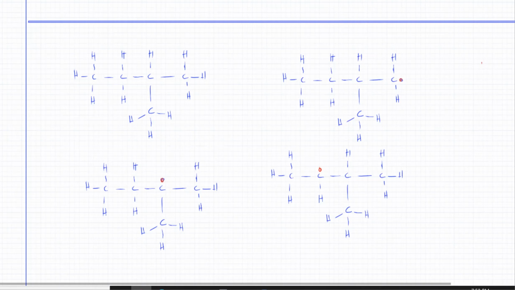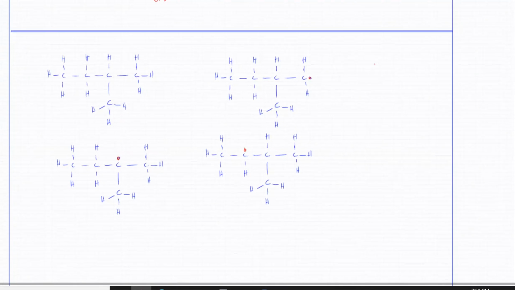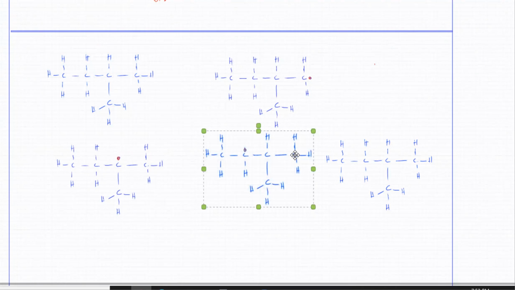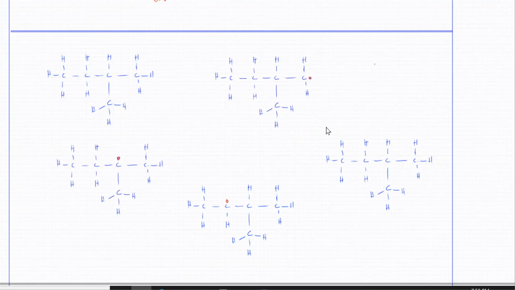Or it could be, and it's important that you should be able to differentiate different structures, there could be another one, which is this one, where the H atom is lost on this carbon atom.